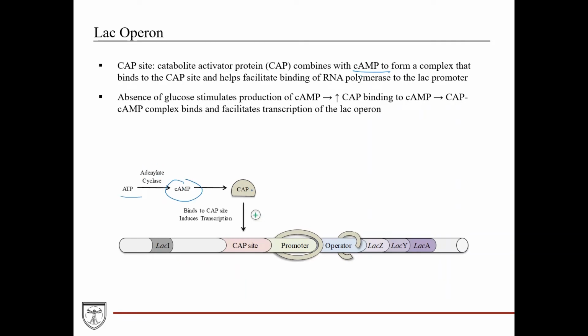Then cyclic AMP binds with CAP, so then you have this complex, which comes down and binds to the CAP site, which then facilitates binding of RNA polymerase, which is shown here with this circular ovoid structure. And when glucose is not present, you actually have an increased production of cyclic AMP, increased binding of CAP to the CAP site, and then stimulating increased binding of RNA polymerase to the promoter, which then facilitates transcription.